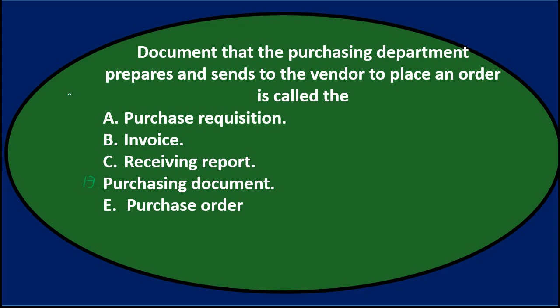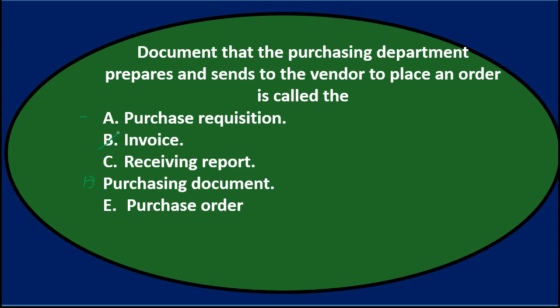The document that the purchasing department prepares and sends to the vendor to place an order is called the A. Purchasing request. Sounds kind of reasonable. I'm going to keep it for now. B is an invoice. We're not going to send the invoice because that's what we send to our customers in order to bill them for services we did, not what we're purchasing, so that's not it.